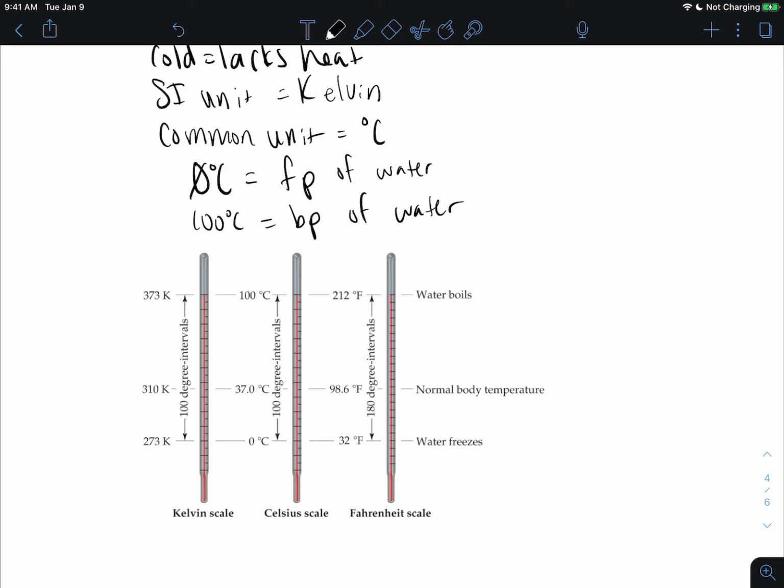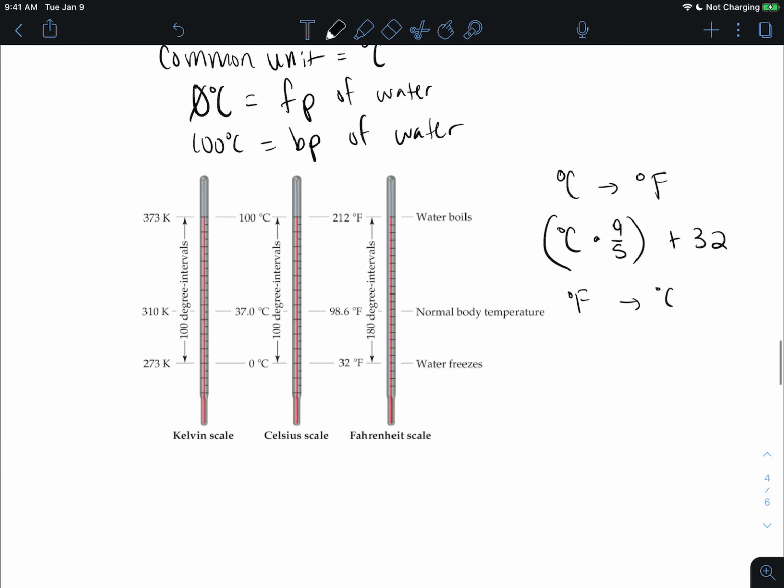So if we want to go from degrees Celsius to degrees Fahrenheit, we would take whatever our temperature in degrees Celsius is, multiply it by 9/5, and then add 32 to it. If we want to go from degrees Fahrenheit to degrees Celsius, we take our temperature in degrees Fahrenheit minus 32, then times it by 5/9.